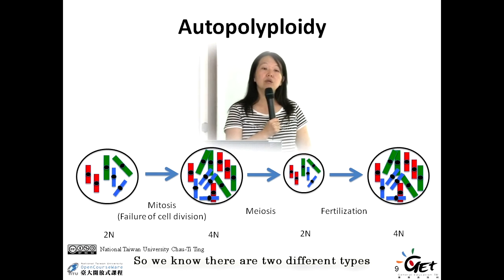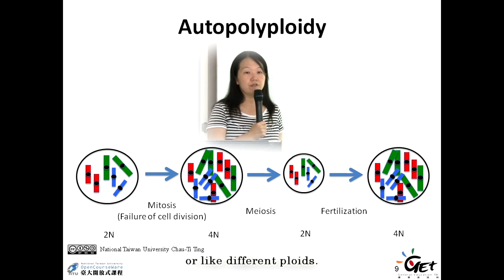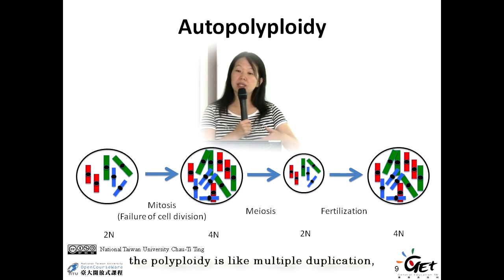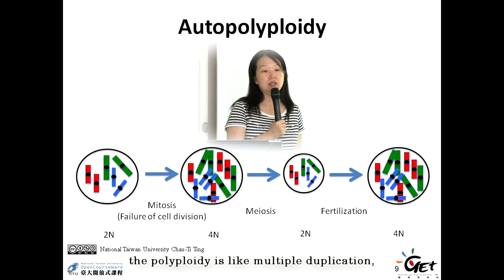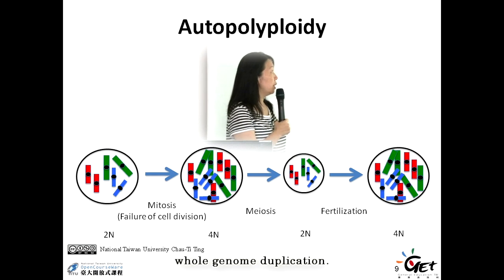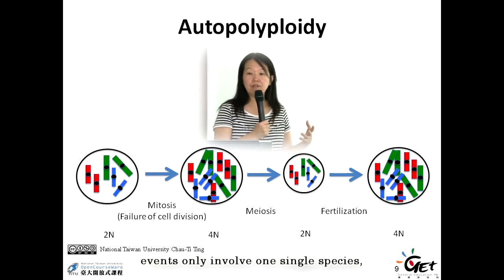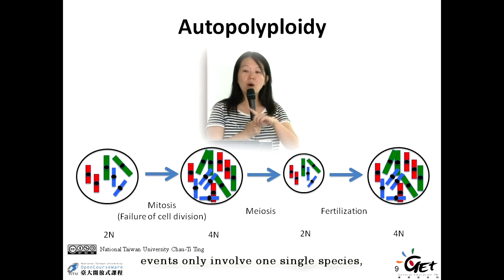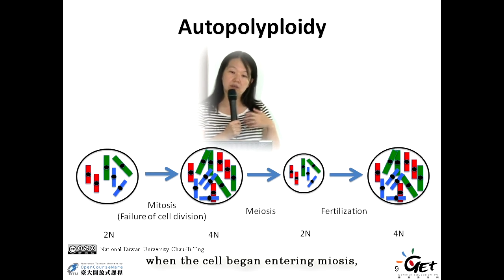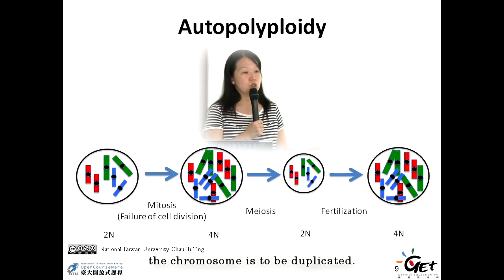So we know there are two different types of whole genome duplication, or different ploidies. One is autopolyploid. Polyploid means multiple duplication. It can be tetraploid or even more duplication, whole genome duplication. But autopolyploid means the duplication event only involves one single species. Shown in this slide, when the cell begins entering meiosis, the chromosomes need to be duplicated, right?